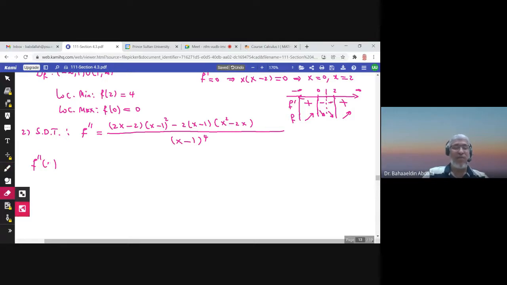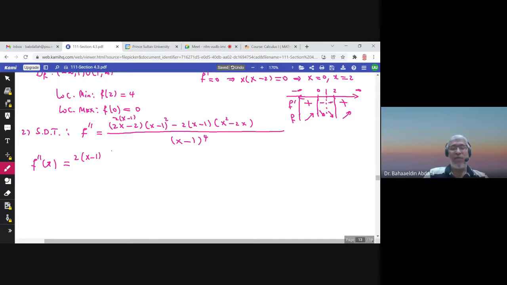But for the sake of fun, I will find f double prime in simplest form. I can take 2 as a common factor from 2x minus 2, because this can be written as 2 times x minus 1. So I will take it as a common factor because it's there, here and here.